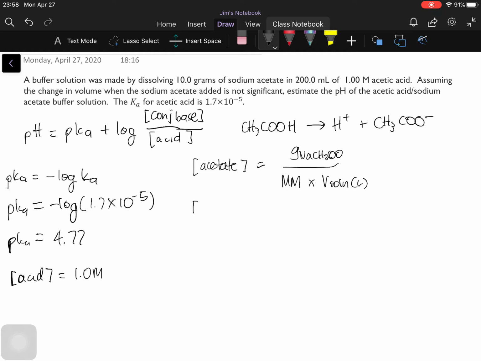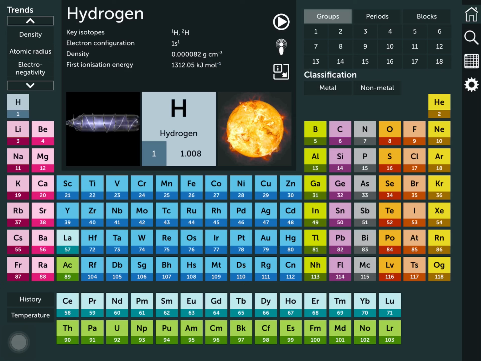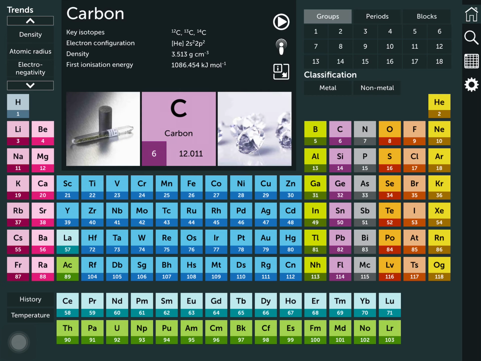So the concentration of acetate equals 10 grams divided by the molar mass of sodium acetate. I do not have a molar mass given here, so allow me to use my periodic table. Sodium is 22.99, CH3COO.